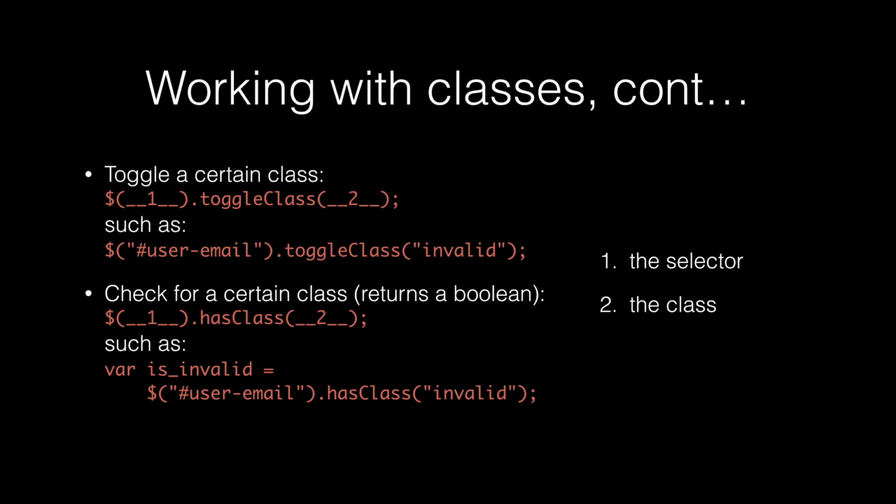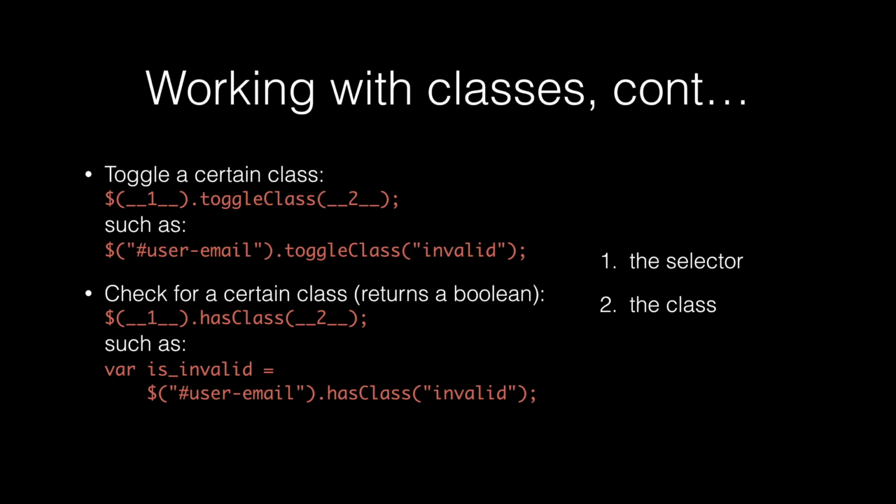Now note that in this last example, notice the ones leading up to this, we're selecting an element and modifying it. So we haven't been storing these operations in variables. But with this one, we are going to get a value back. If the element has that class, we're going to get true back. And if it does not have this class, we're going to get false back.